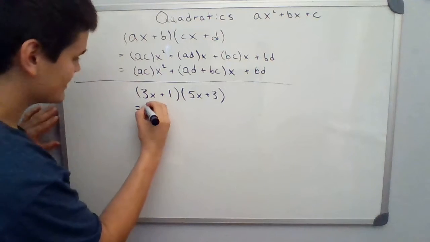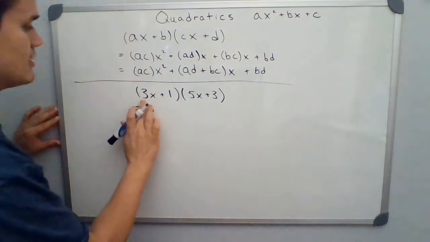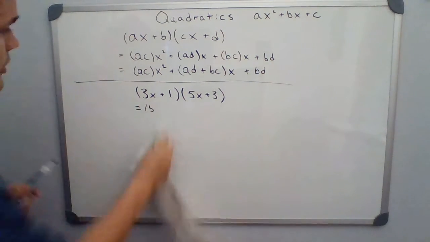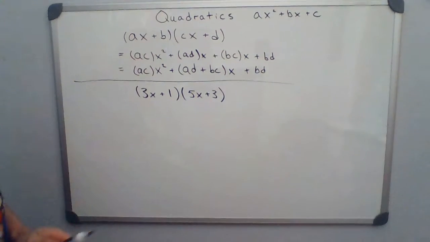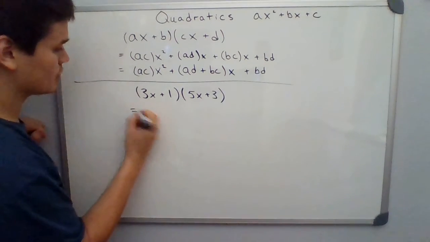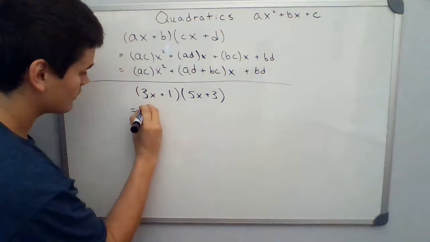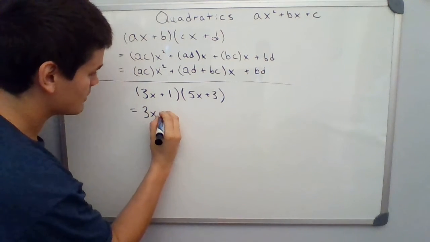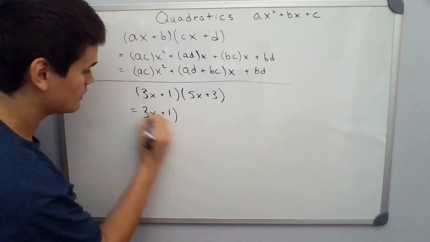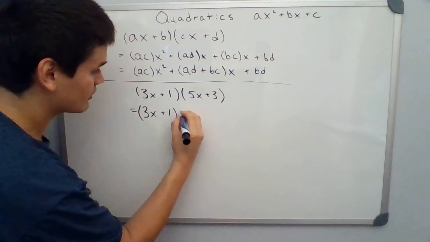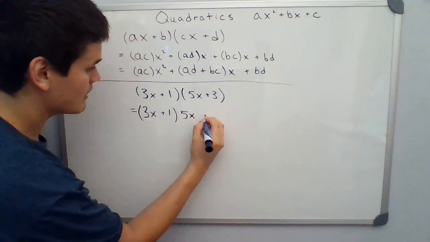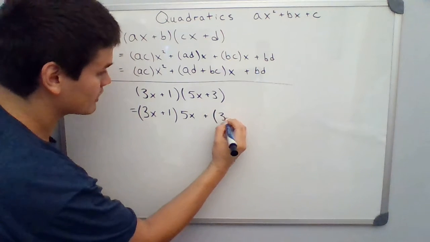To see how it happens, let's do the distribution that I was talking about. In other words, I'll distribute this term into each one of those terms. So it's going to be 3x plus 1 times 5x, and then plus 3x plus 1 times 3.